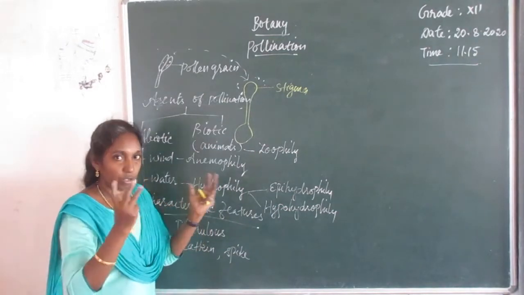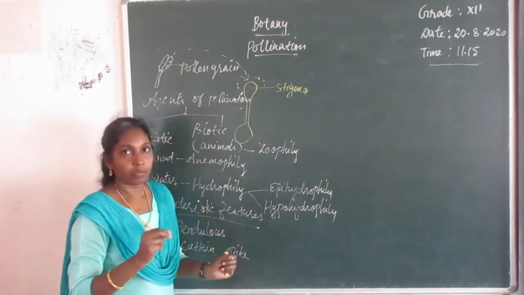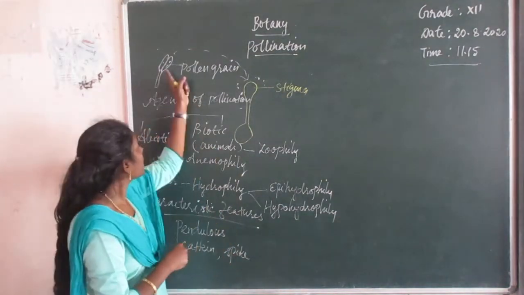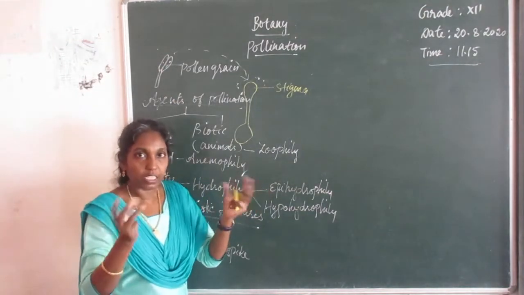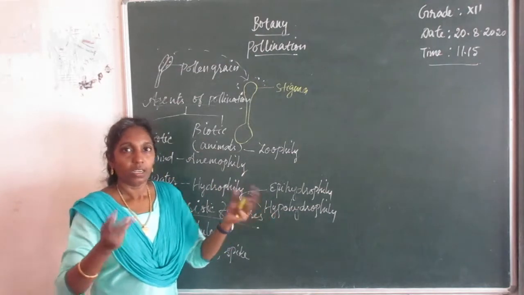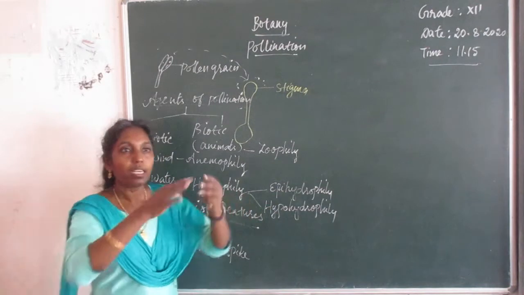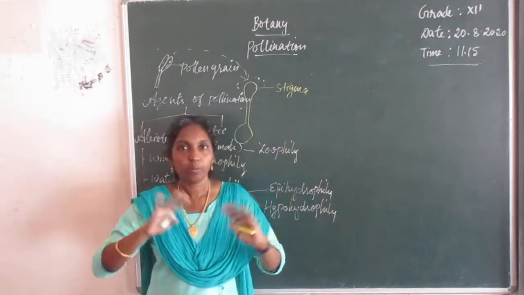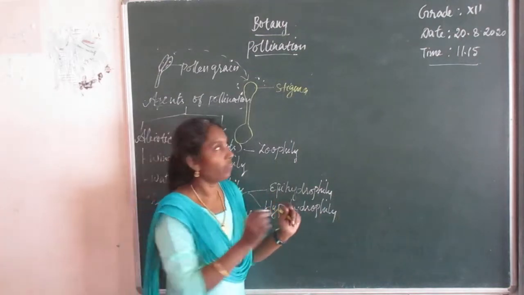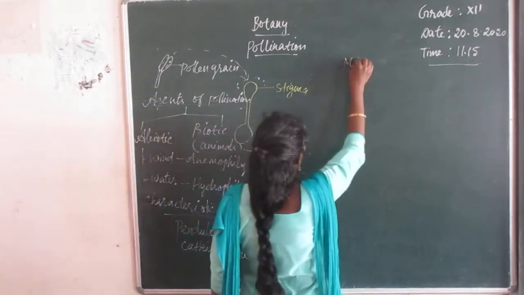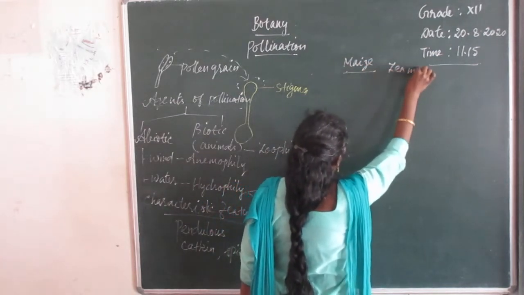The pollen grains present inside the anther are light, very small and enormous in number, so that they can easily be carried by the breeze. One example we are going to see is the maize flower, Zea mays.